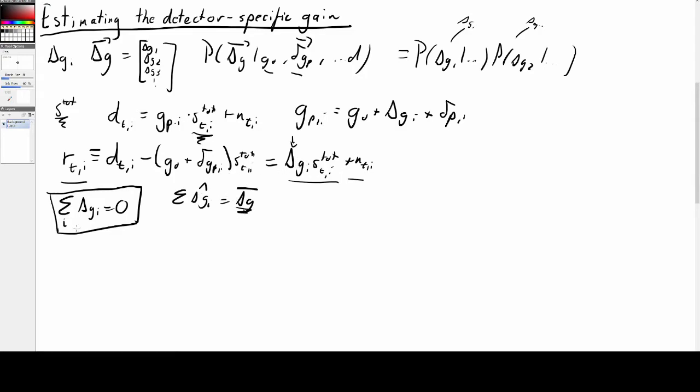That would enforce this. But the problem with that would be that it would enforce it in a way that would give equal weight to all of them, so none of the estimates of G_i would have a higher or lower weight in this sum.